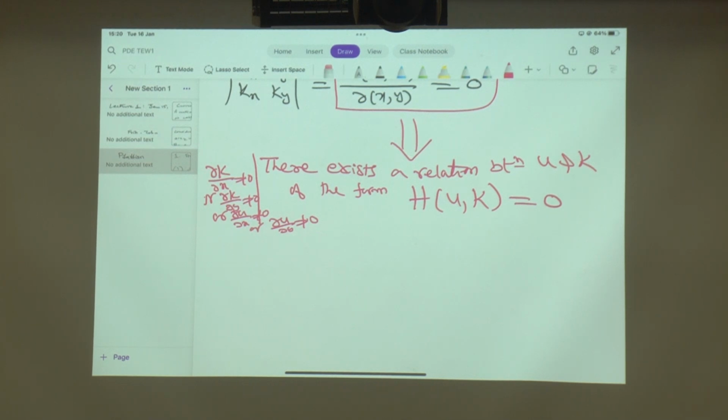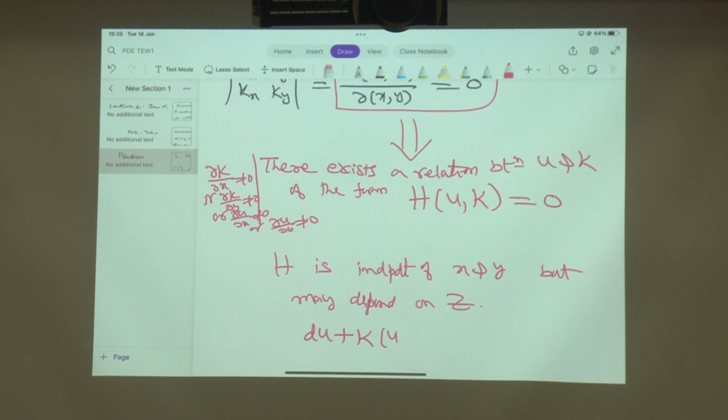Okay, so what is the end of this? What we have? H is independent of x and y, but may depend on z, because everywhere there is a z in the background. So now what we have is the equation du plus k of u comma z dz equal to 0.